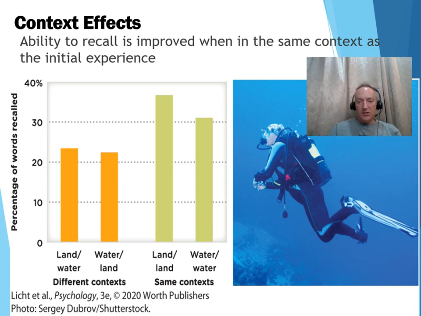In those conditions, when the contexts matched up, the retrieval was way better. In other experimental conditions, the contexts were mismatched. They learned the words on land and were tested with retrieval underwater, or they learned the words underwater and had to retrieve them on land. And you can see when the context mismatched, they retrieved far worse.